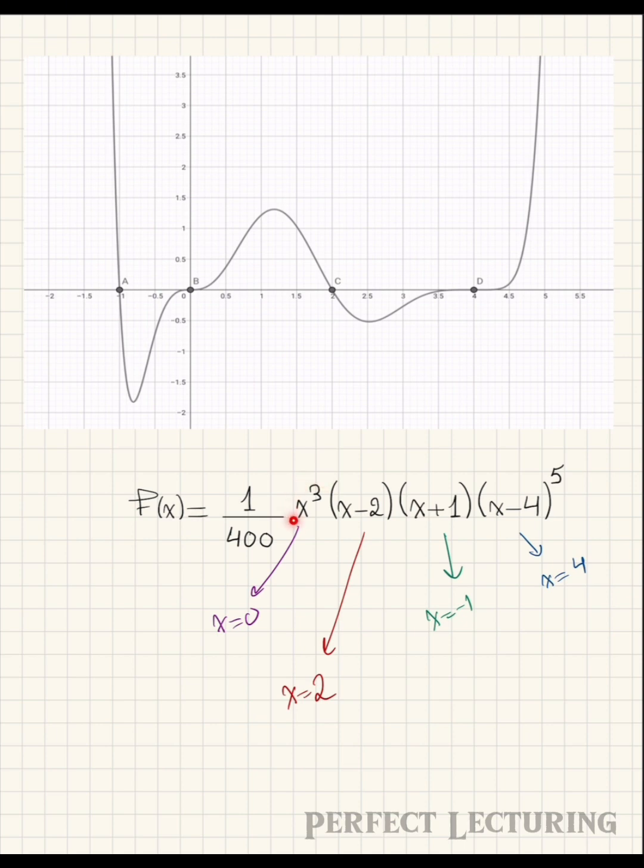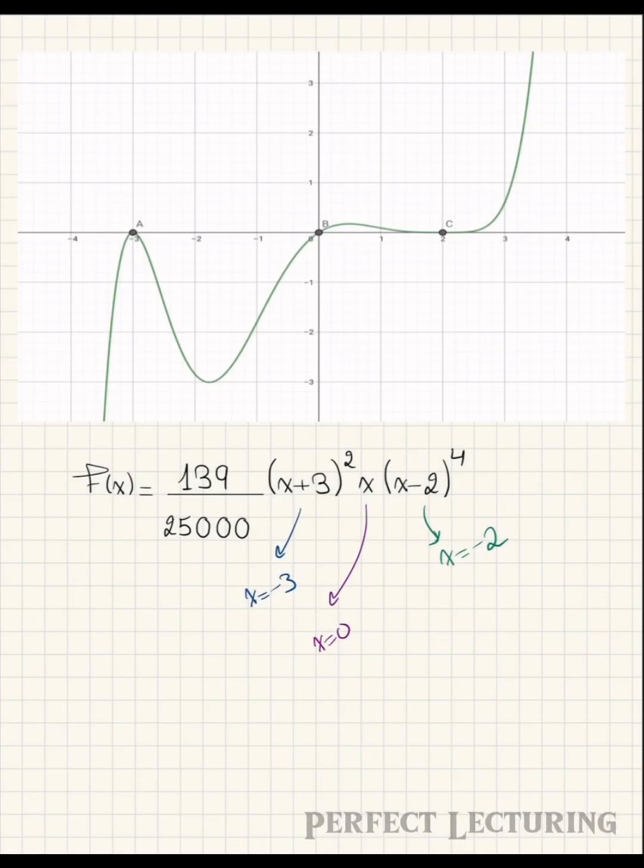For x equal to 0, the multiplicity is 3, and as you can see, at point B, the graph becomes flatter and even more flat at x equal to 4, and I'm talking about point D here. Again, why? Because the multiplicity here is 5. So the higher the multiplicity, the flatter the curve.